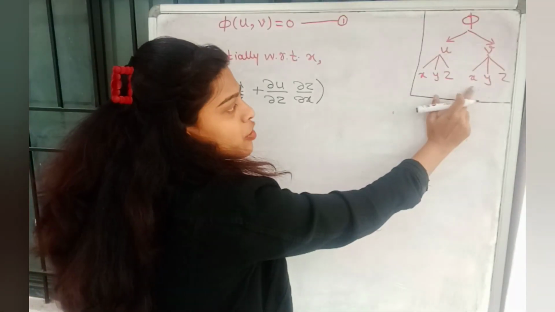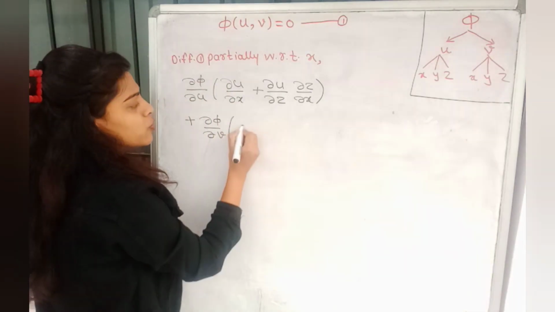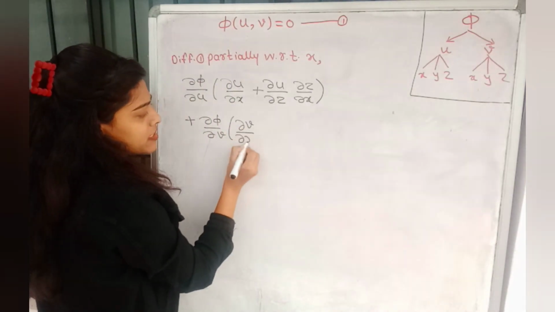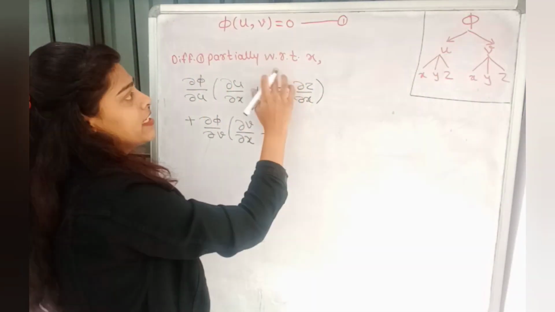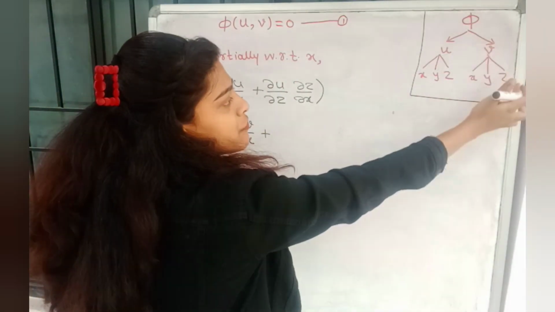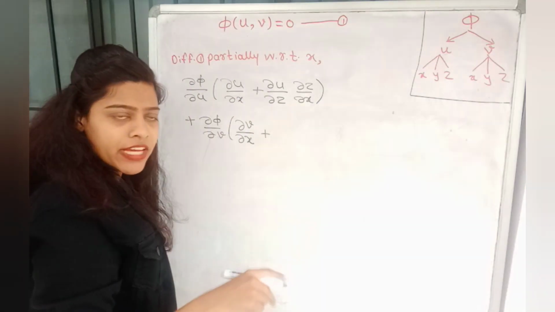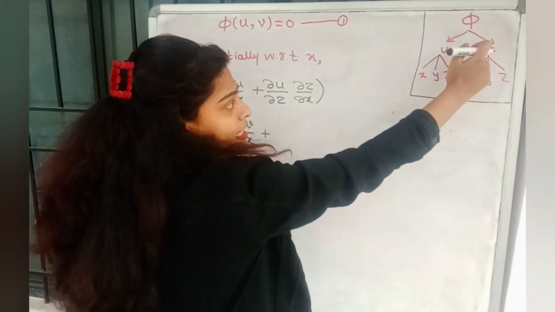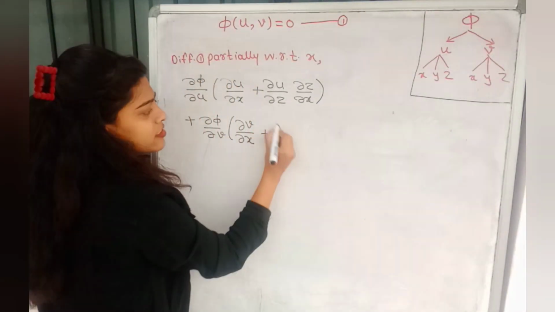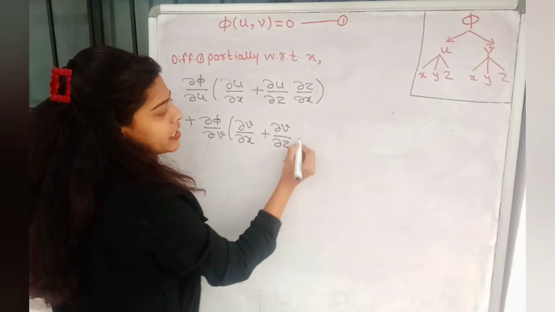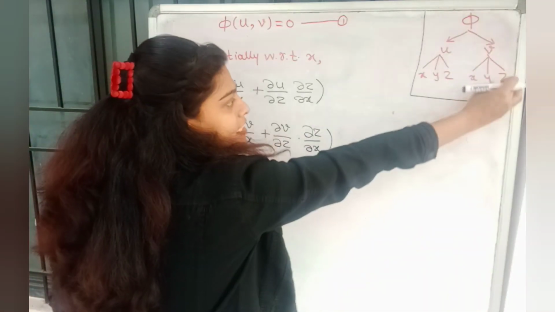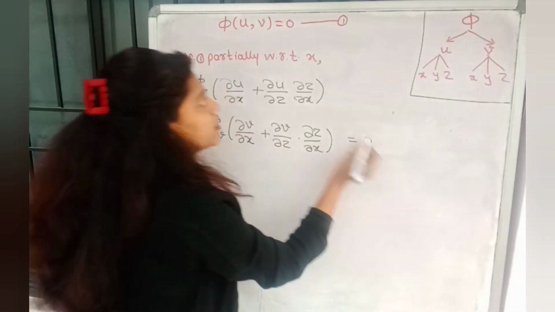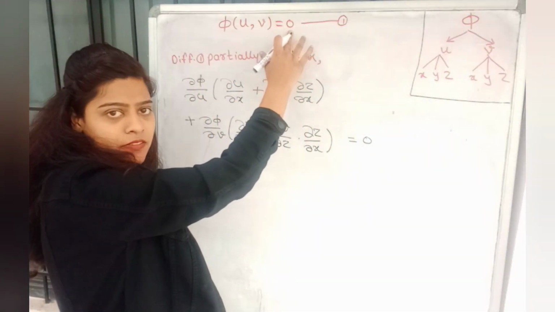This v is a function of x, y, z, that is dou v with respect to dou x, plus the second term is 0 because this derivative is with respect to x. Now v is a function of z, but z is a dependent variable which depends on x and y. Therefore, dou v divided by dou z into dou z divided by dou x. And we have completed this part also, is equal to how much? 0, because this RHS is equal to 0.